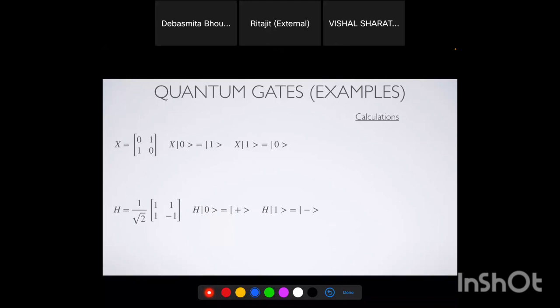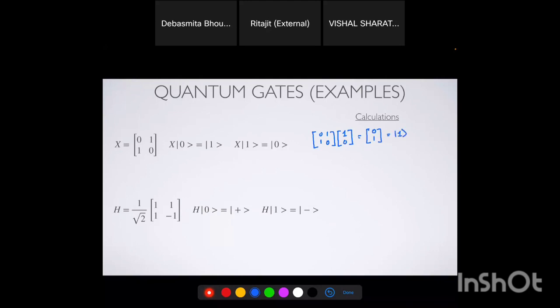This is what is called an X gate. As I said, it's a matrix, and we won't bother in this course about how it comes from the Hamiltonian. But how does it work? If you remember what zero was, 1 0, and you do this calculation, it becomes 0 1, which is 1.